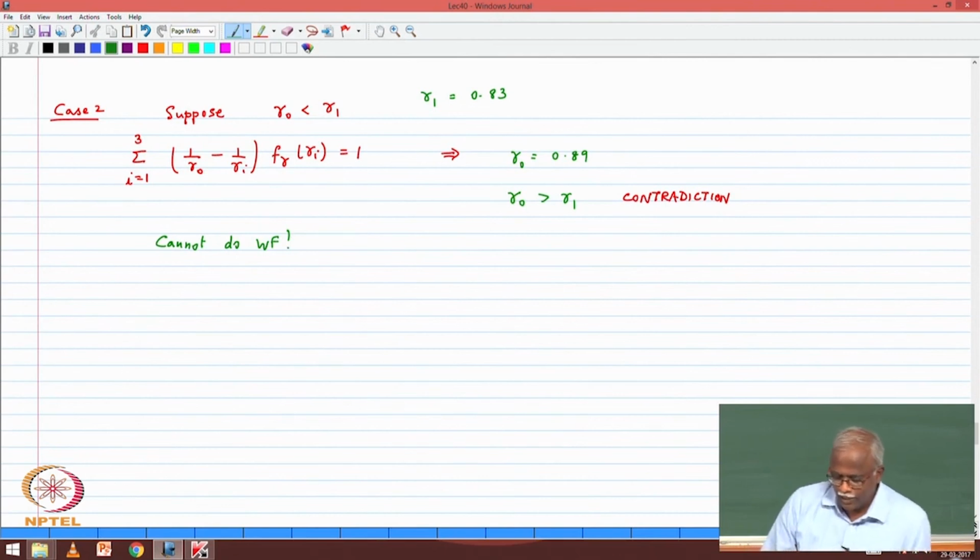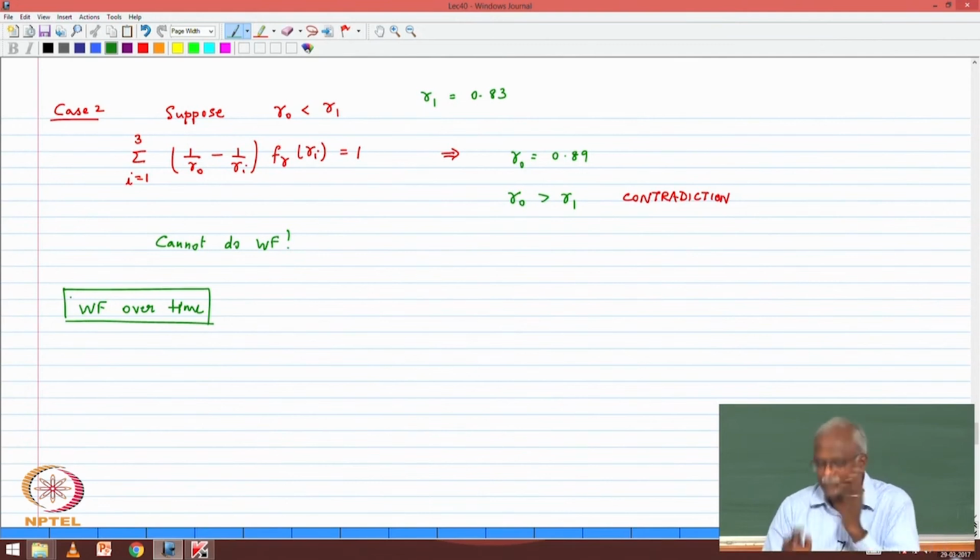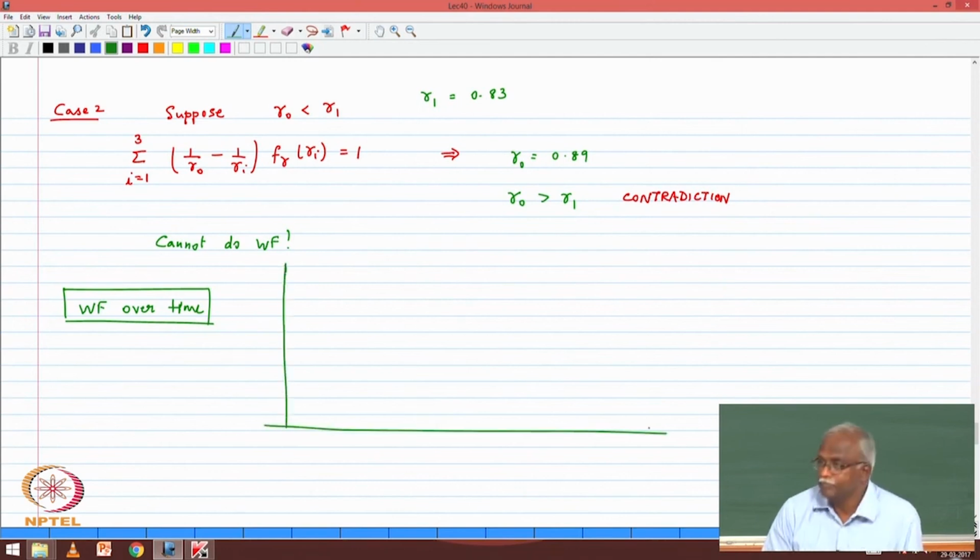So we have now come to the last stage of saying, what is this thing about doing water filling over time? That's one of the key concepts, and the concept can be interpreted as follows. I have a time varying channel like a Rayleigh fading channel, and the SNR is going to fluctuate, right?